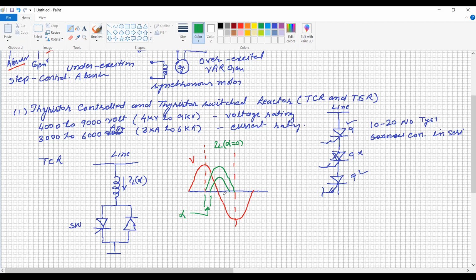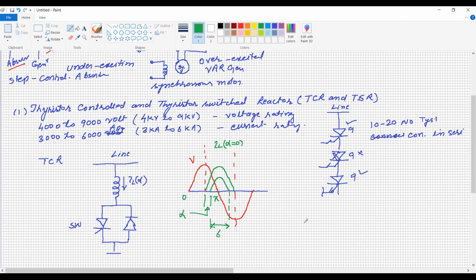Now what is the conduction angle? It is going to conduct up to both sides, that is from 0, to pi by 2, and here it is pi. This is the value of pi. So this interval is the conduction angle.